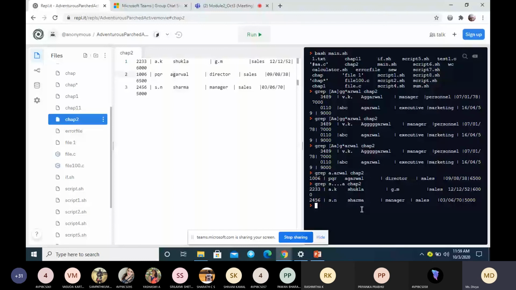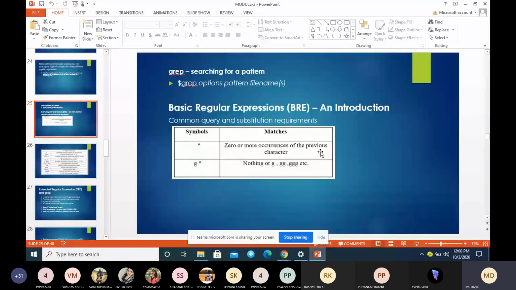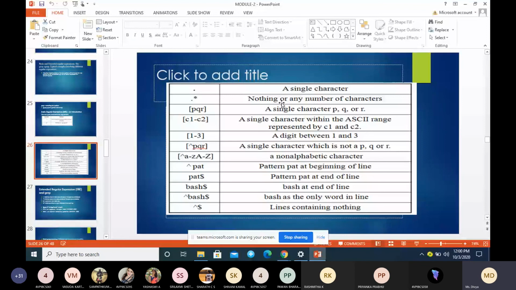Next, if I write dot star, we have already discussed dot star. If I'm writing dot star, it matches nothing or any number of characters.